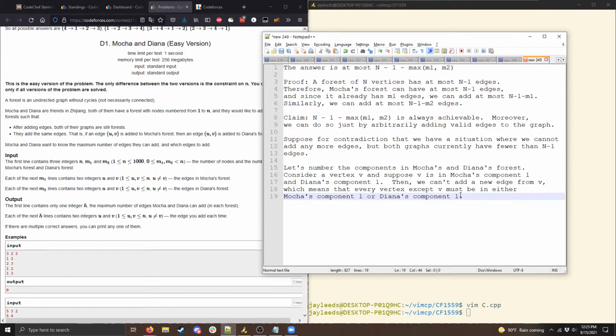What I mean here is that we're saying, let's say we can't add any more edges, so that means any vertex that we connect to V is going to create a cycle. So it's going to connect us to another vertex in the same connected component in one of our graphs.